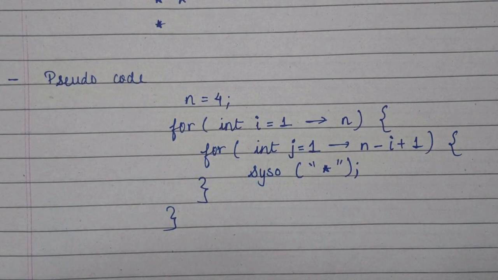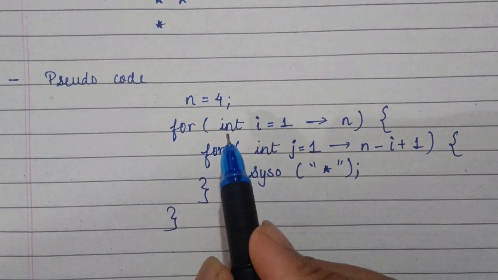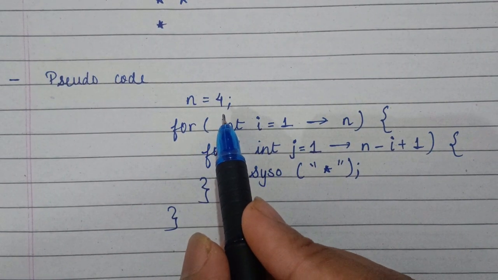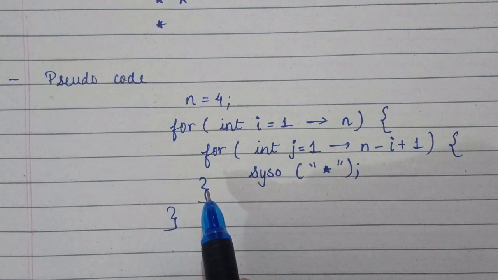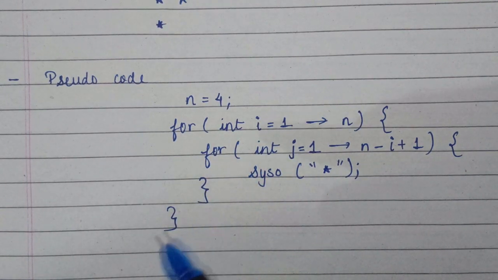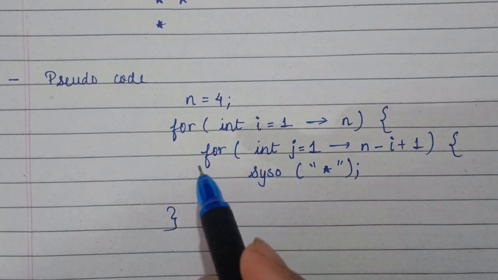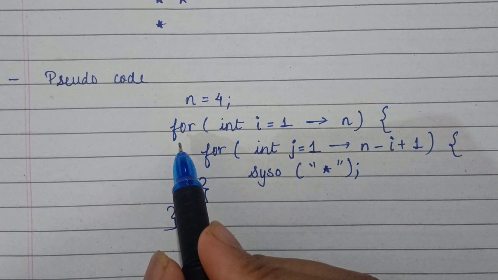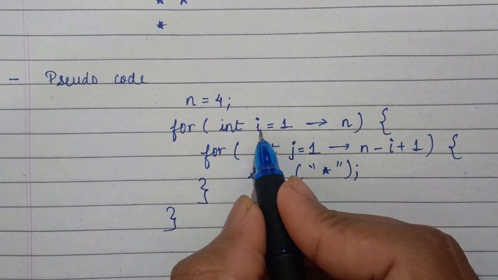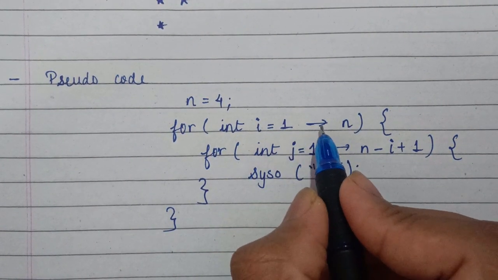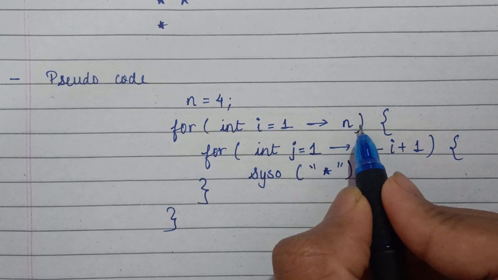I have created a variable n and stored the value 4 in it. Okay, and I have run nested for loops to print the inverted star pattern. So I have created a for loop, int i is equal to 1 to n, which means 4.